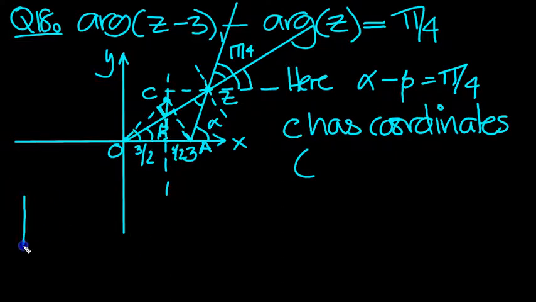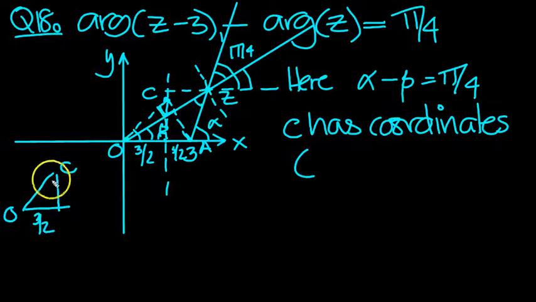So I'll just draw it here just to illustrate it more clearly. This is half our circle. This is C, this is O, this is 3 over 2. We said that the angle here was pi over 4, so this is pi over 4. 3 over 2 tan 45 is 1, so this is 3 over 2 as well. Then you've got the proportions 1, 1, root 2, so this is 3 over 2 root 2, because it's a 1, 1, root 2 triangle in proportion.